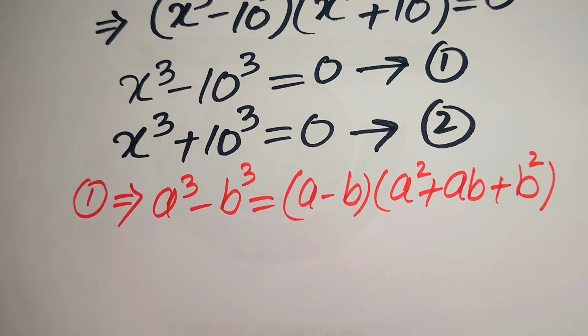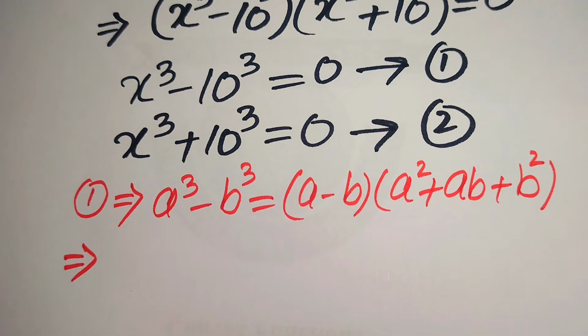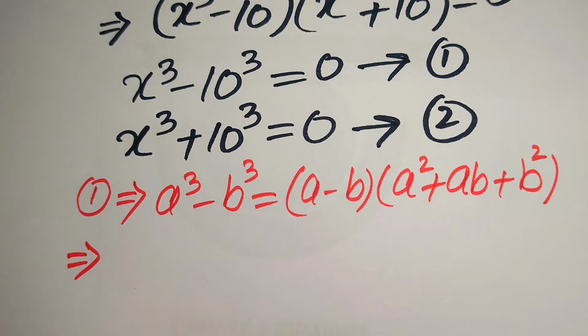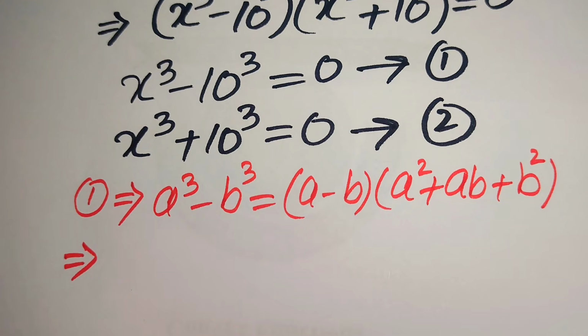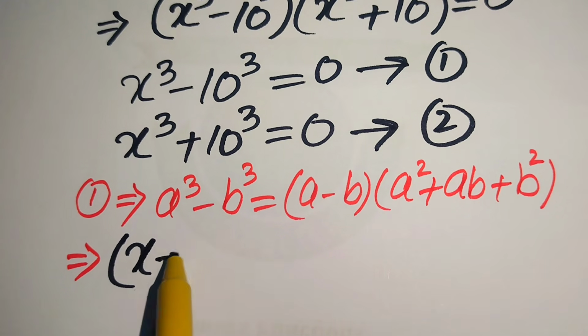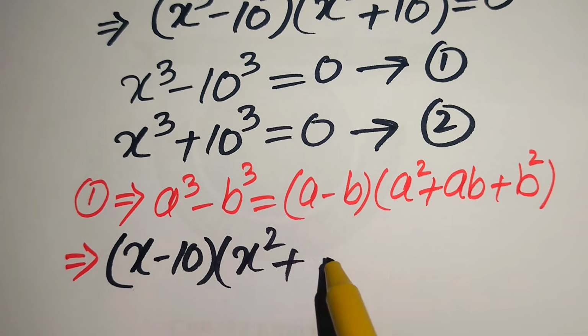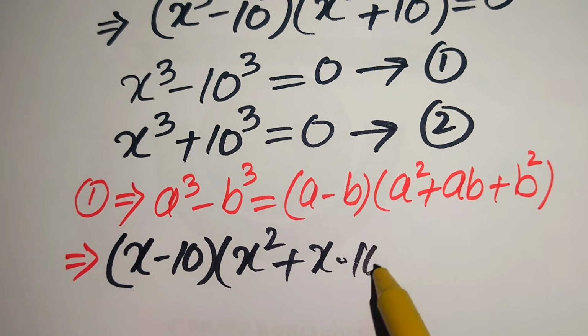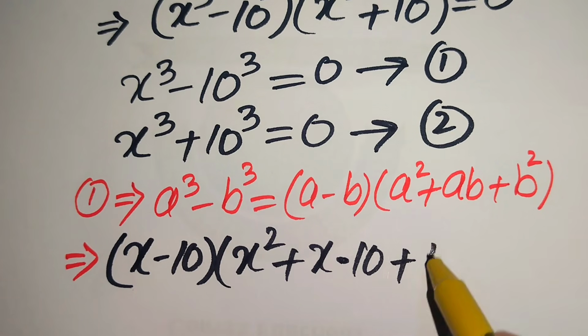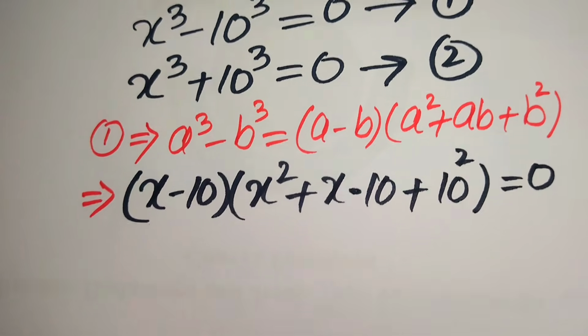According to this formula, we expand the left hand side of equation number 1 as (x - 10)(x^2 + x times 10 + 10^2) = 0.